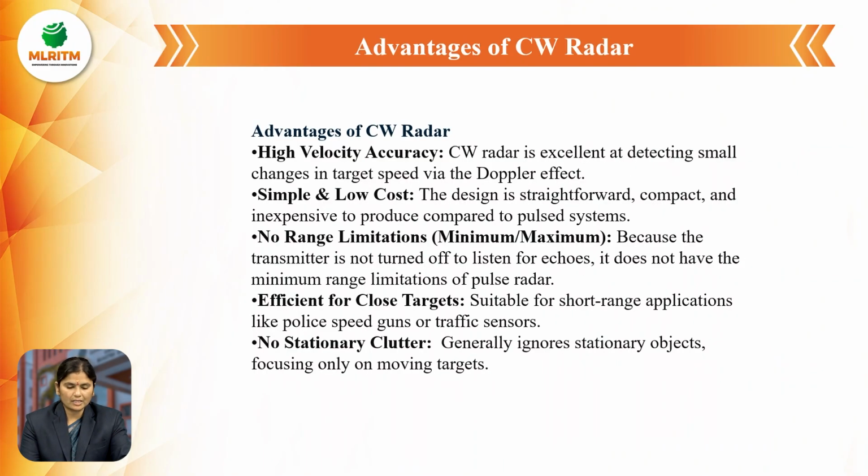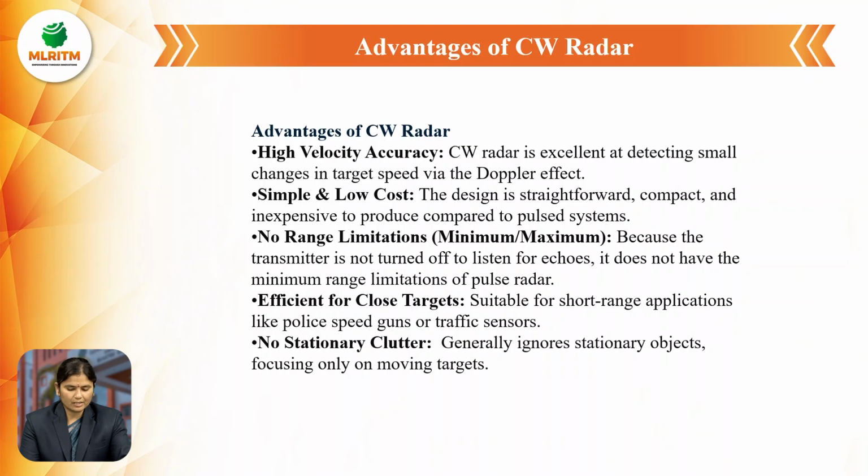Next, the advantages of the continuous wave radar. High velocity accuracy: it is excellent at detecting small changes in target speed via the Doppler effect. Simple and low cost: the design is simple and the cost is low.